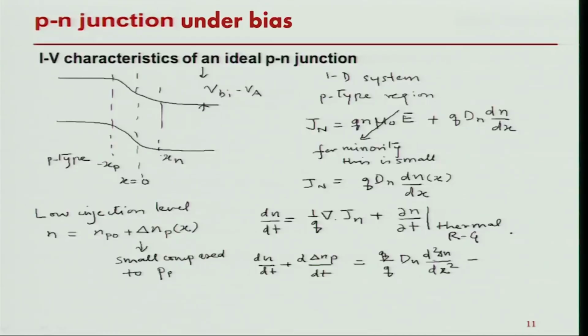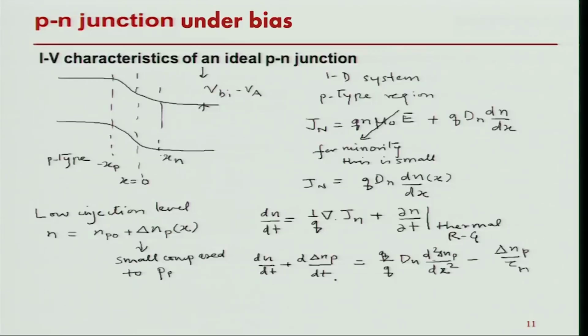Now here, since I am using low injection level, I can assume the mechanism for thermal recombination generation, which can be represented by the lifetime of the minority carrier in the p side.